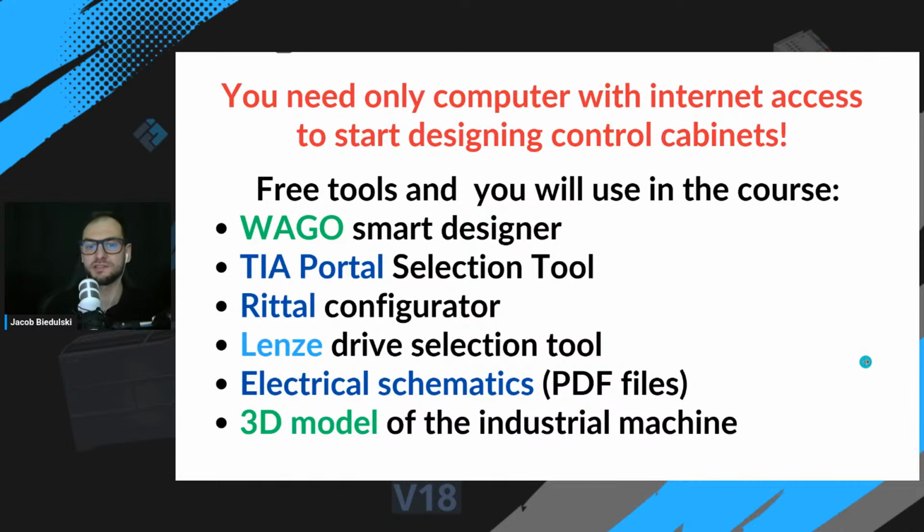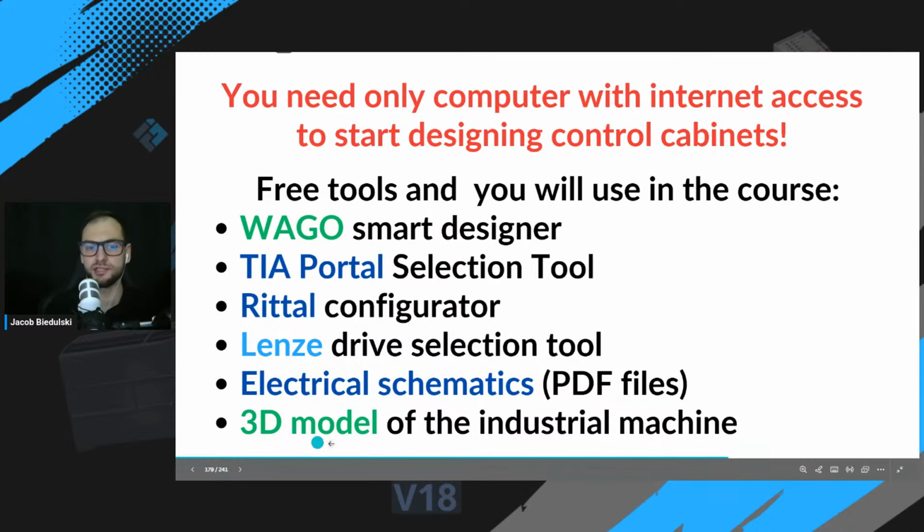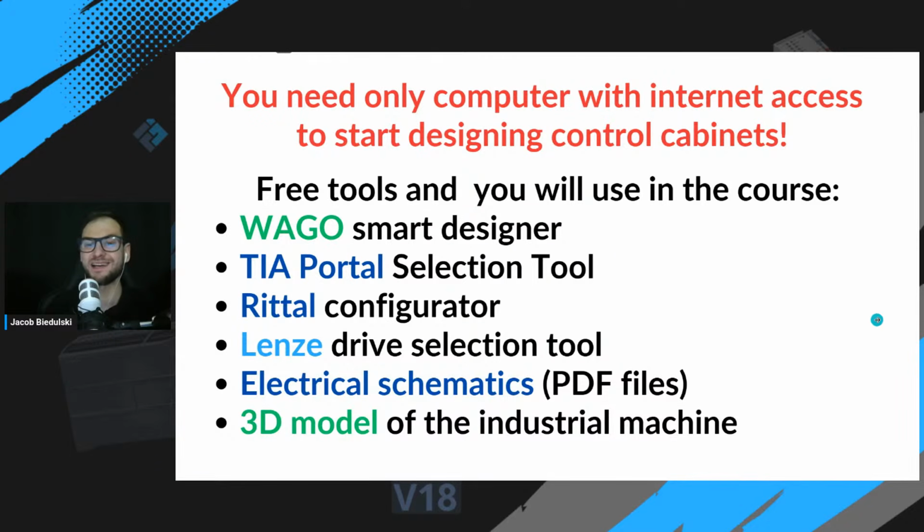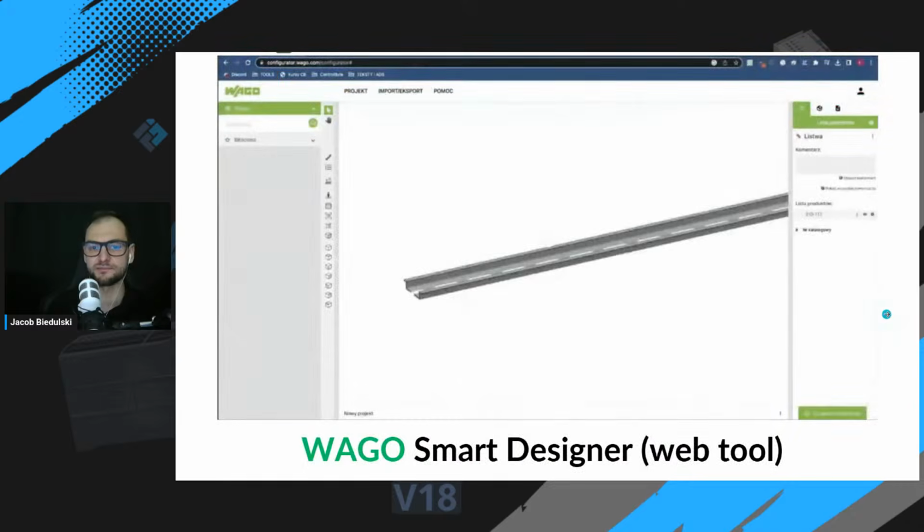And we will deliver electrical schematics for you in PDF format, and 3D model of the industrial machine and control cabinet as well, so you can take a look at the 2D schematics and 3D model to track the potential and signals.